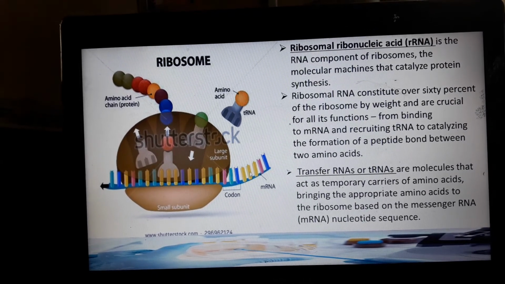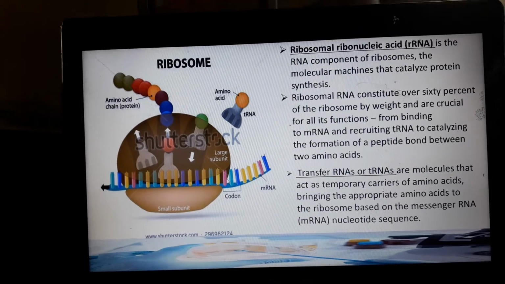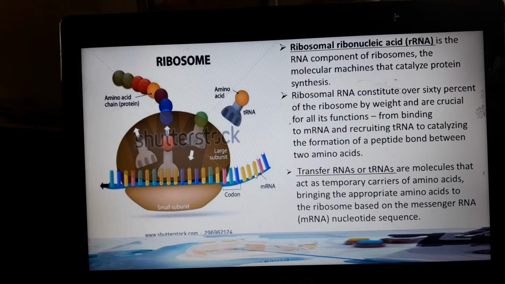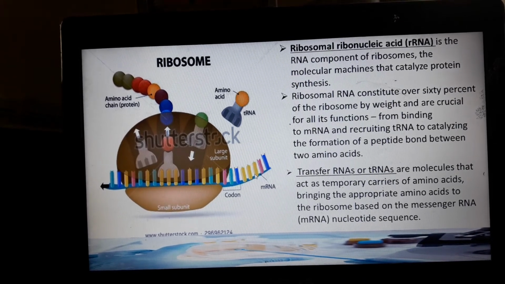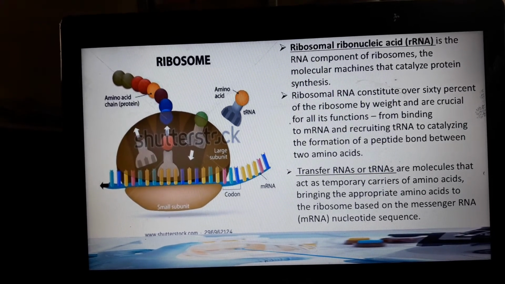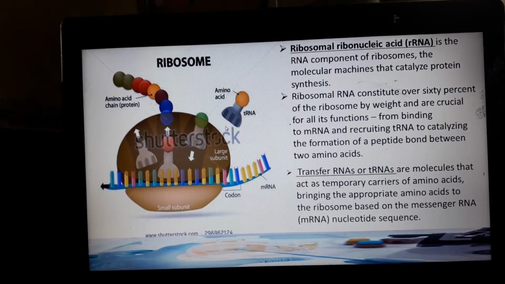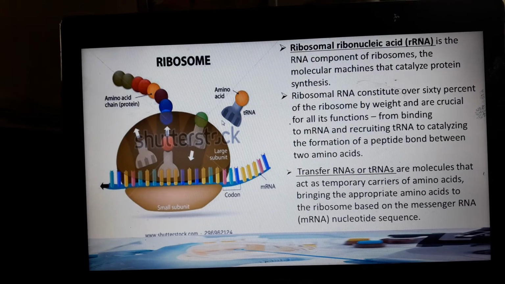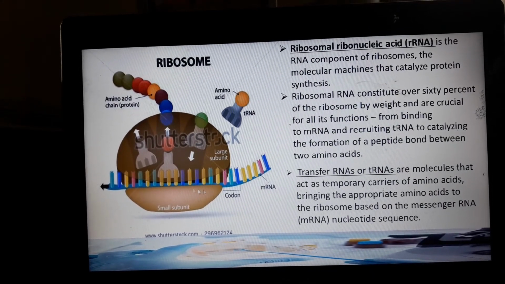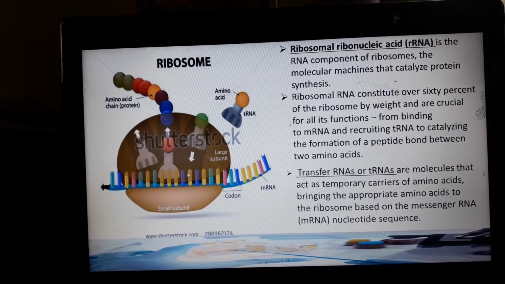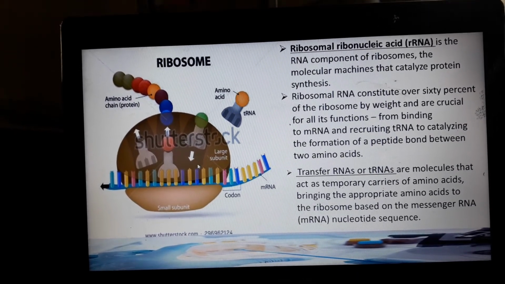That is why mayroon itong tinatawag na codon, okay, and the mRNA or messenger RNA is going to send a signal or send messages, no, that the transfer RNA is going to carry the amino acid and process it inside the ribosomal subunit or small subunit that is 40S, for example.